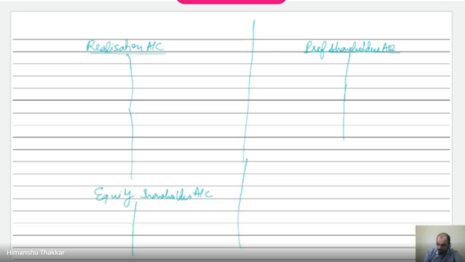It has to be 10 lakhs to tally the equity shareholders account. So 10 lakhs, and close realization 35 lakh 50,000, and to realization 10 lakhs.